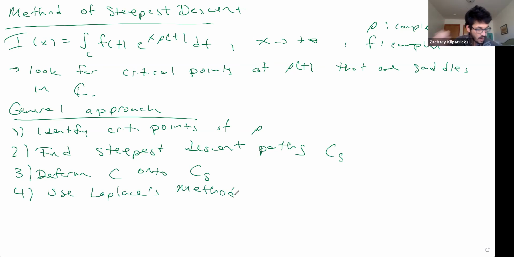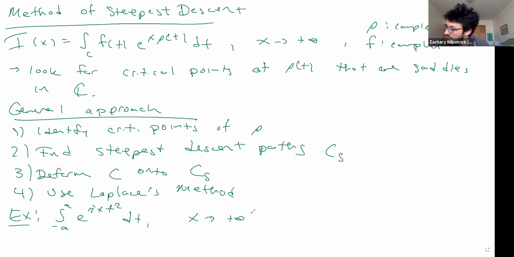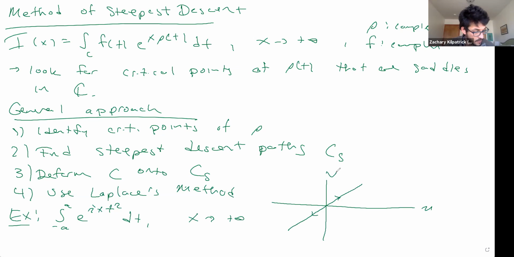Okay. All right. And the example that we started in on was the integral from minus a to a of e to the i x t squared dt as x goes to positive infinity. What we found is that our steepest descent curve is going to be this one in the complex plane if we write t equal to u plus iv in this case.